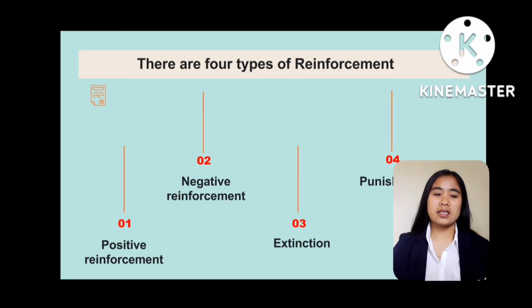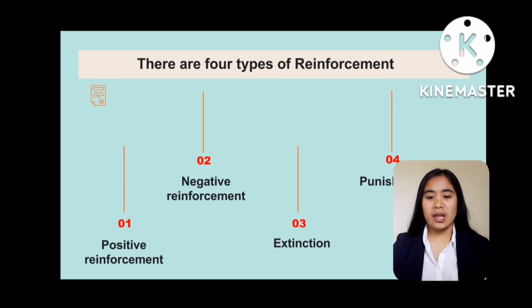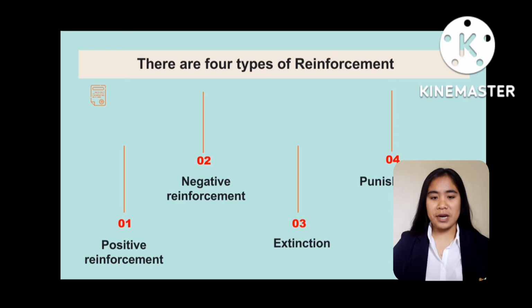The third is extinction, a behavior that requires no contingent consequence. If something good or bad is not reversed, it shall in theory disappear. And the last one, punishment. Punishment is an imposition of an adverse consequence given undesired behavior. Punishment by removal is a common example of removing a benefit following poor performance.